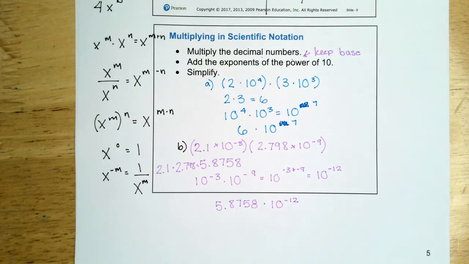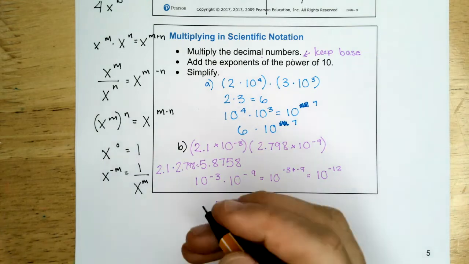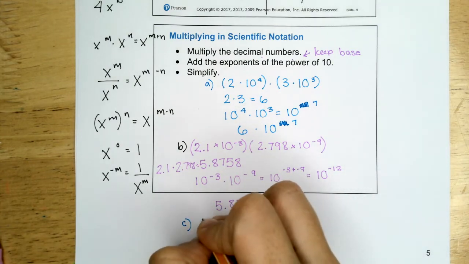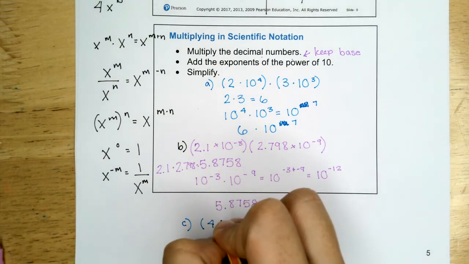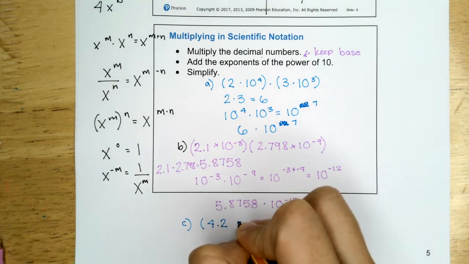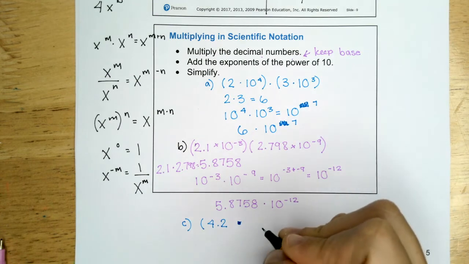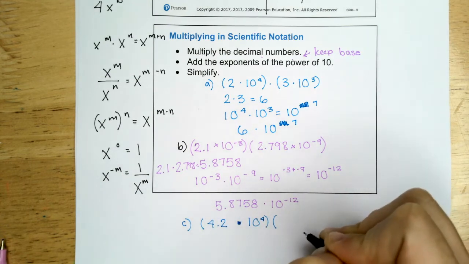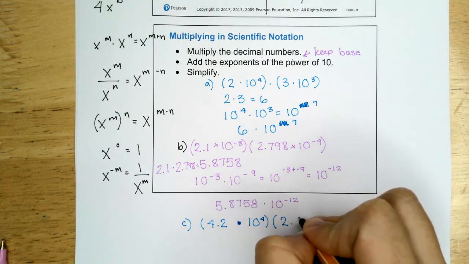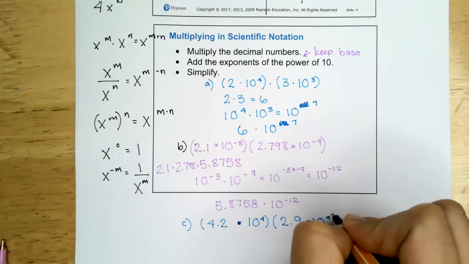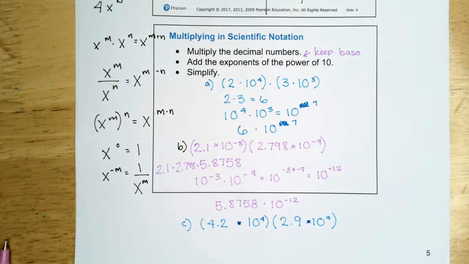Good. All right, let's do another one. We'll do 4.2 times, sorry, I shouldn't be writing a different multiplication symbol, times 10 to the 4th times 2.9 times 10 to the 9th. Good.